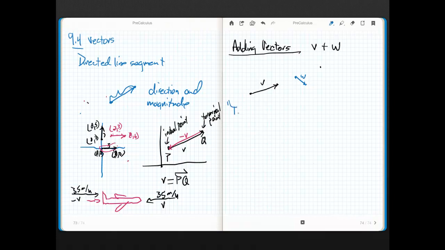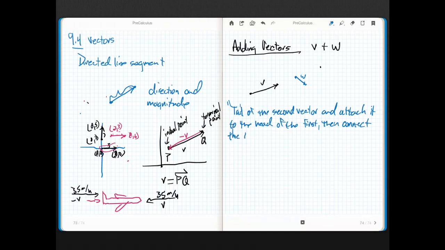I take the tail of the second vector and attach it to the head of the first, then connect the tail of the first to the head of the second, and that is your sum.